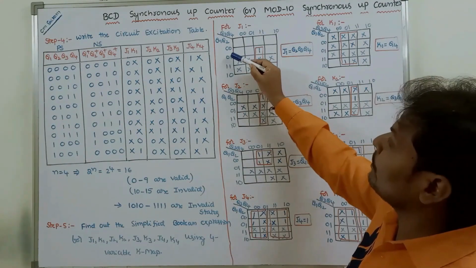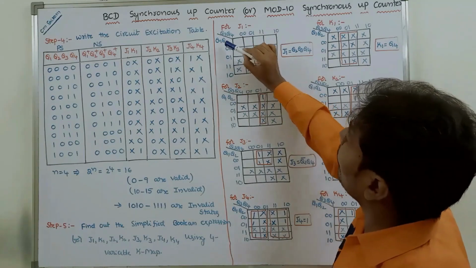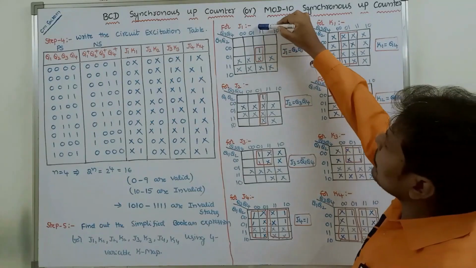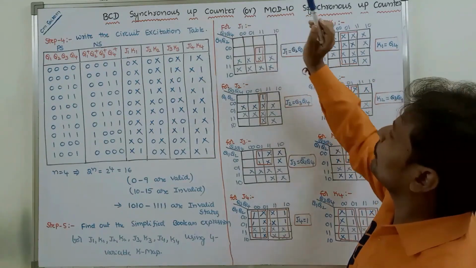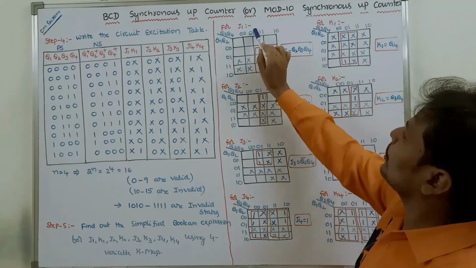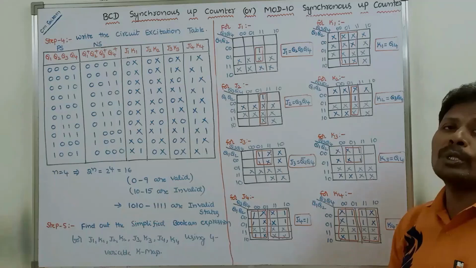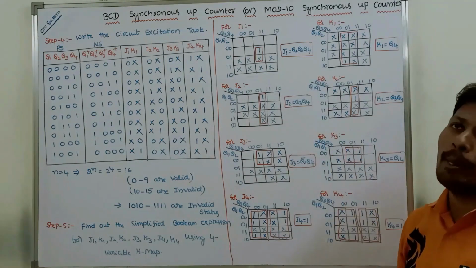Second digit 1, 1, same digits, we consider; this belongs to Q2. So here I am writing Q2. On the column side 1, 1 is there. This one belongs to Q3 and this one belongs to Q4. So we write Q3, Q4 for 1, 1. So the answer is Q2, Q3, Q4 is the simplified expression for J1.